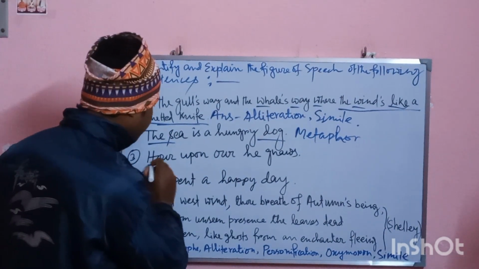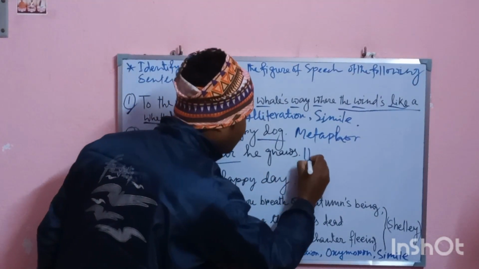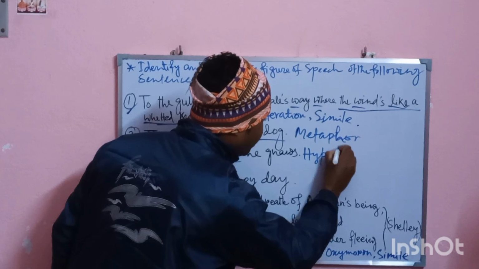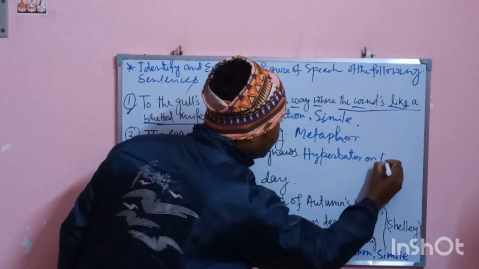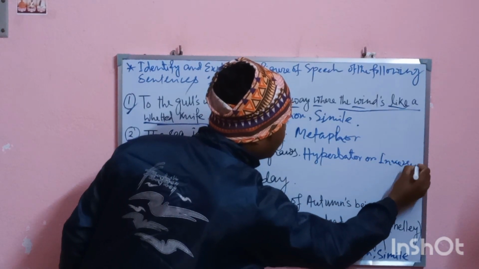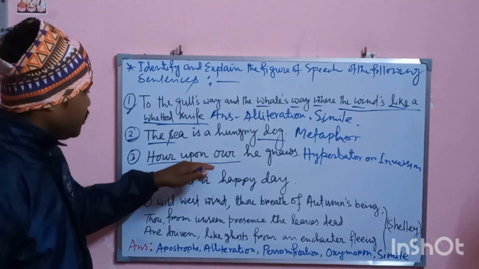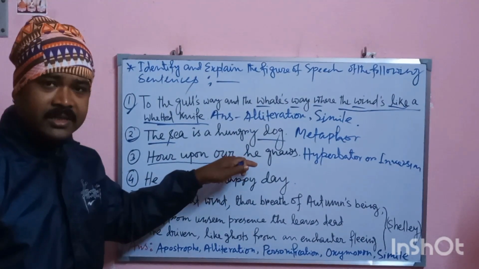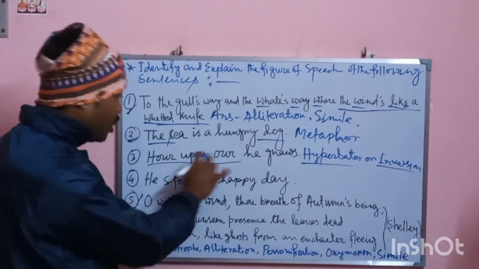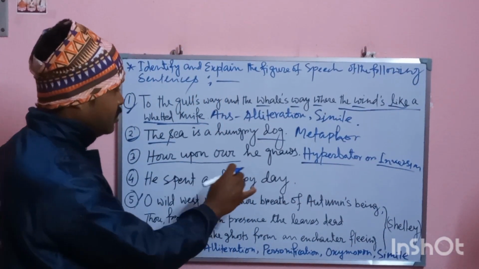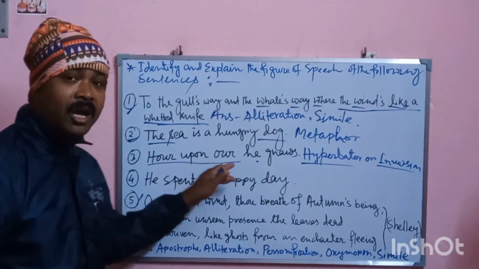So it is an example of hyperbaton or inversion. This line is an example of hyperbaton or inversion. The normal order of words of this line is, he knows hour upon hour.